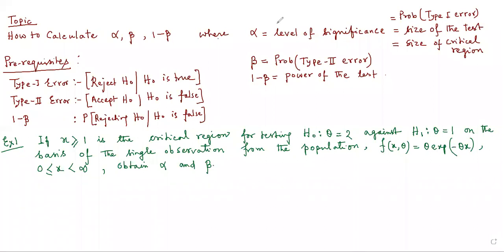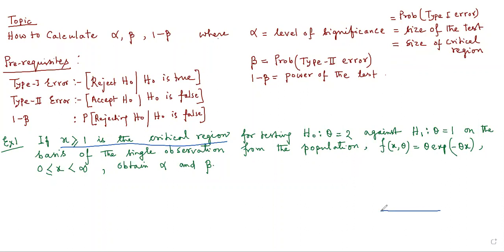Now, first of all, remember that to solve this type of problems, we have to keep in touch with the definitions that I have mentioned above. If you forget the definitions, you will not be able to solve these particular problems. Now let us come to the problem. It is written that x greater than or equal to 1 is the critical region. You know that the critical region is the rejection region.